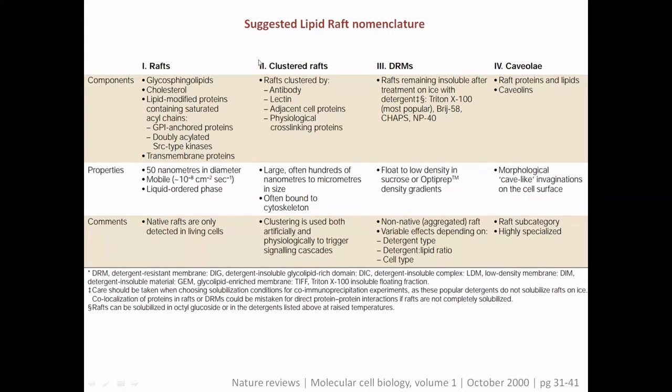So the components in case of the clustered rafts are mostly antibodies, lectin, adjacent cell protein, physiologically cross-linking proteins.